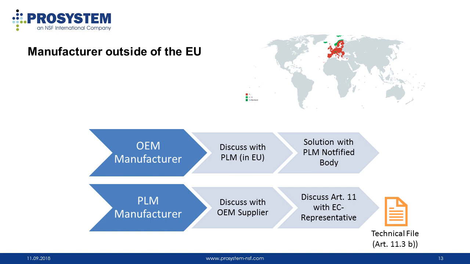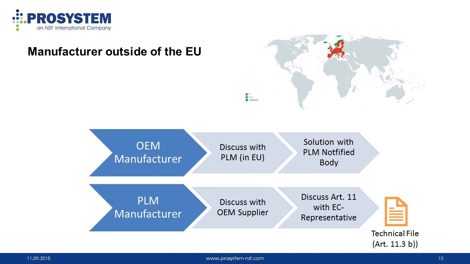And like I showed to you earlier, you also need to have your authorized representative or your current EC representative to make sure that they also fulfill these requirements described in Article 11 of the MDR for authorized representatives in the future.